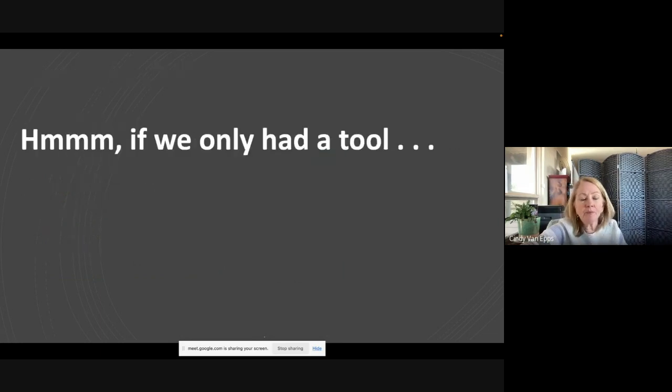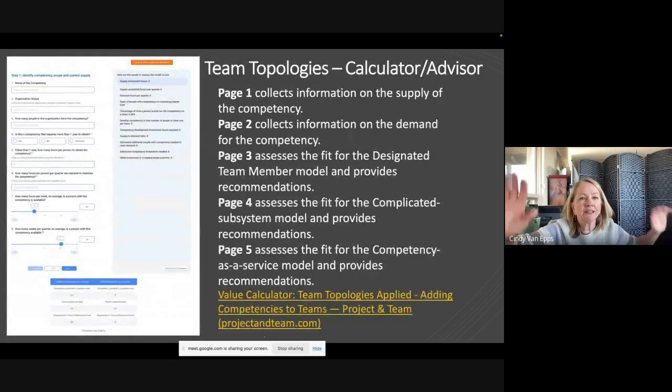And I just have a couple of minutes to say, ooh, if we only had a tool to help us evaluate these things that you mentioned, Cindy, well, guess what? I love to build online value calculators, and my Team Topologies calculator and advisor has all these things baked in, and it's my most extensive online value calculator.